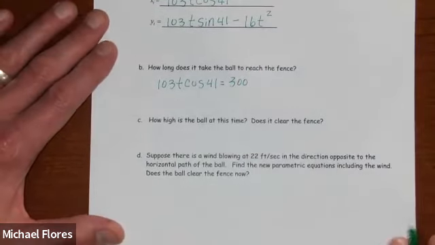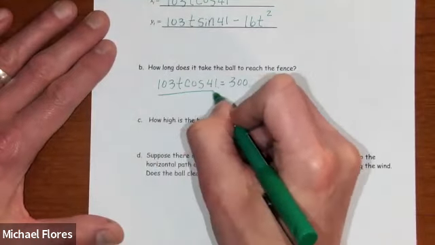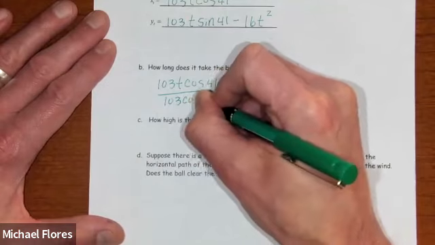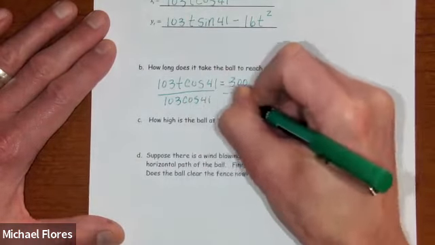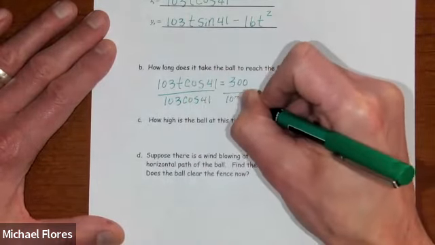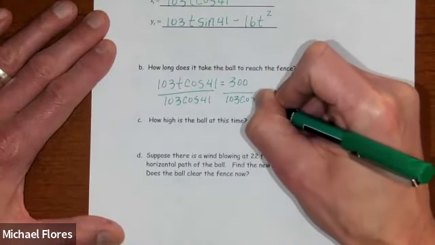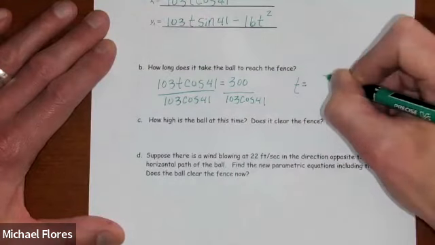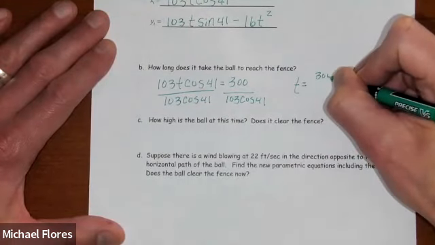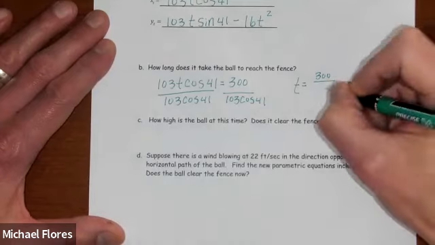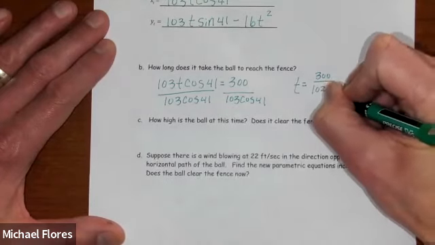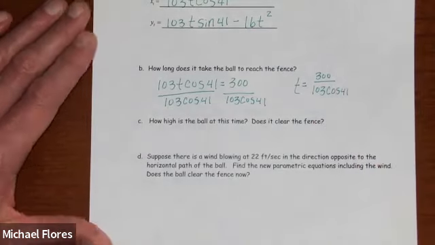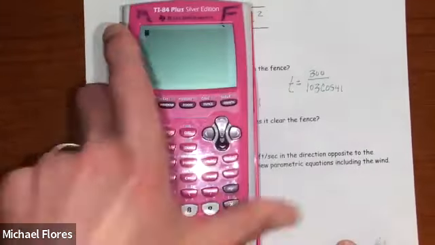So we're going to set this parametric equation equal to 300. And then in order to solve for t here, all we're going to have to do is divide both sides by 103 cosine 41. So t is going to equal 300 over 103 cosine 41. So let's go to our calculators here.